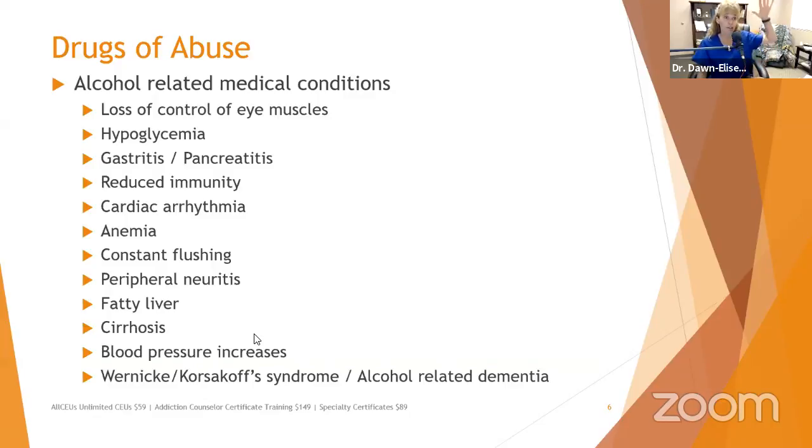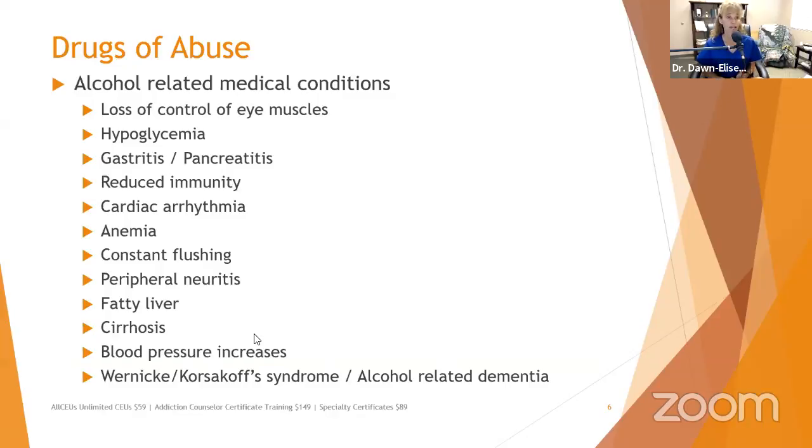Initially you have that sedative effect of the alcohol, so heart rate may slow down a little bit, but then when it starts to wear off and the body can't keep up, substituting what the alcohol was doing with GABA, the person may start to feel like their heart is beating really fast, or they may have arrhythmia, which is irregular heartbeats.